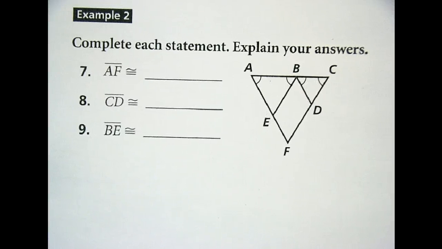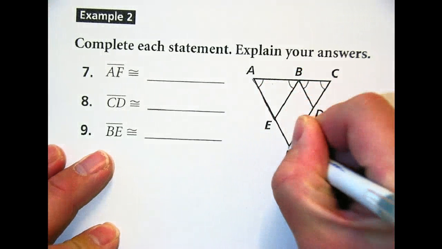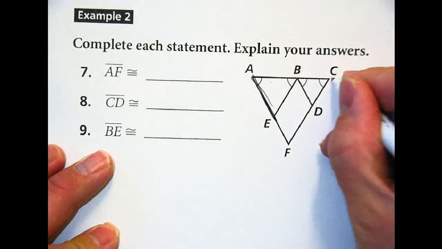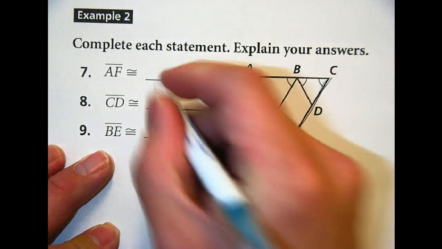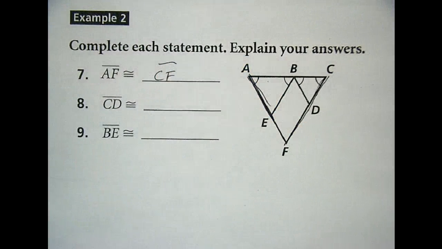Example 2. Volunteer. Someone that hasn't participated yet today. So new. Julian. CF. So AF corresponds to CF. Julian, how do you know that? You're right. Very good job. You just know? Maggie?